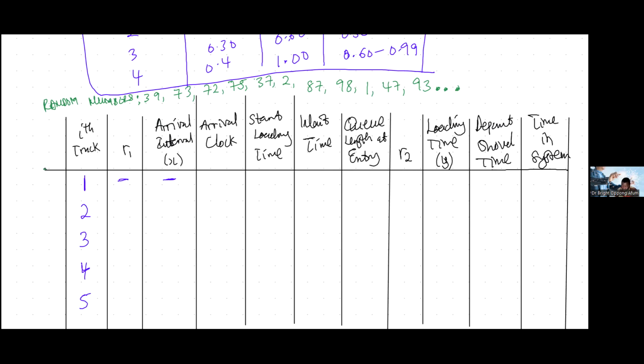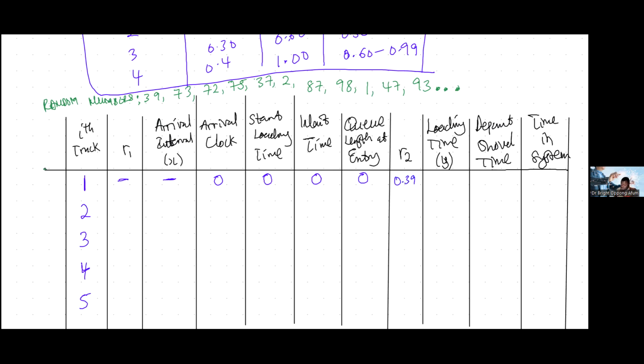Therefore, the arrival clock will be 0, and the start loading will also be 0. It wouldn't wait in a queue, so there is no queue, right? So the first number will be R2, the random number 2, which is 39, and that is 0.39.